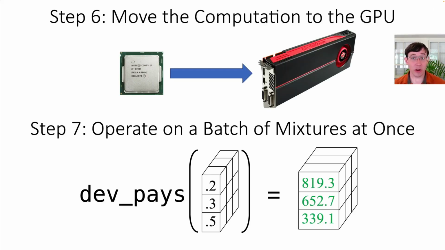And now that we've turned our entire computation into a simple sequence of broadcast and reduce operations, all of this can be easily moved to the GPU for further acceleration. And once we're working on the GPU, it becomes feasible to perform deviation payoff calculations on a batch of symmetric mixtures at the same time, which we can use to run several different equilibrium searches in parallel.